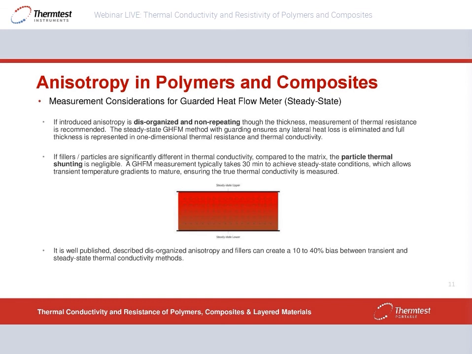Full thickness is represented in a one-dimensional thermal resistance conductivity. So how is this measurement improved for these extreme cases where the particles are very different in conductivity from the matrix? The temperature gradients are evolved and mature, so the effects of those particle shunting are negligible.